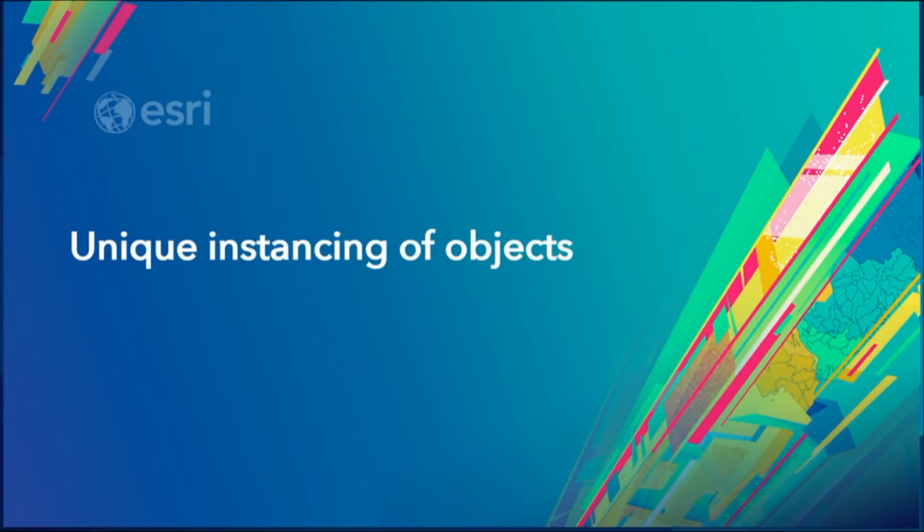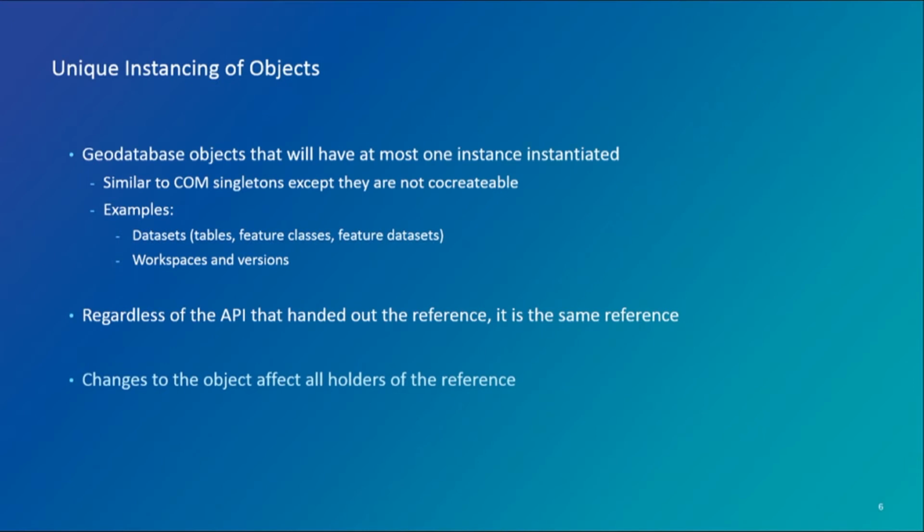So jumping right in, unique instancing of objects. The geodatabase will have at most one instance of these objects instantiated. This is similar to a COM singleton model, like our workspace factories, but it's managed by the geodatabase instead of by COM.